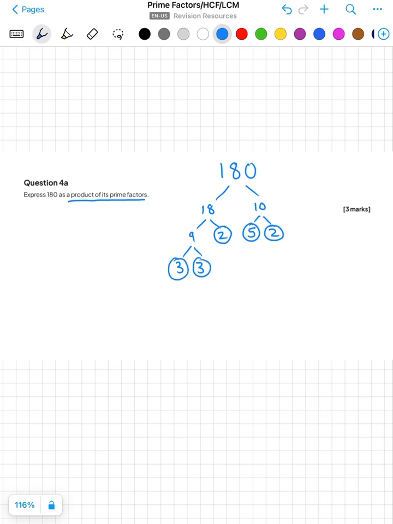To write this as a product of its prime factors, that literally means to write all of the prime numbers multiplied by each other. They don't have to be in order, that's just habit. If they wanted this in index notation, we would say 2 times 2 is 2 squared, 3 times 3 is 3 squared, times 5. So either of these answers would be sufficient for the 3 marks.